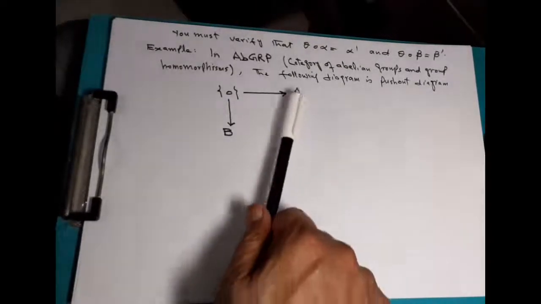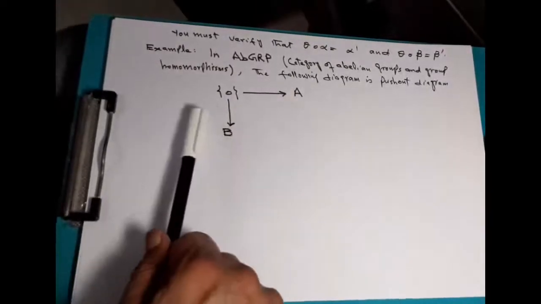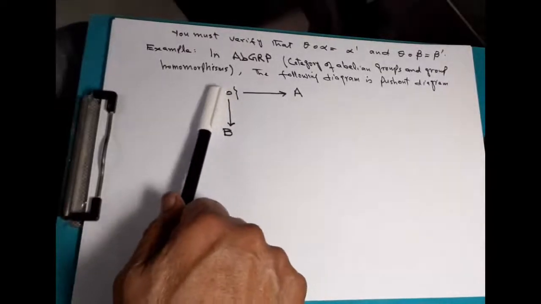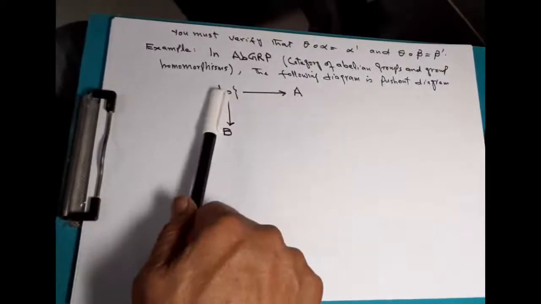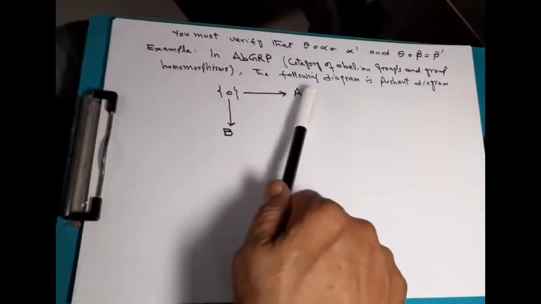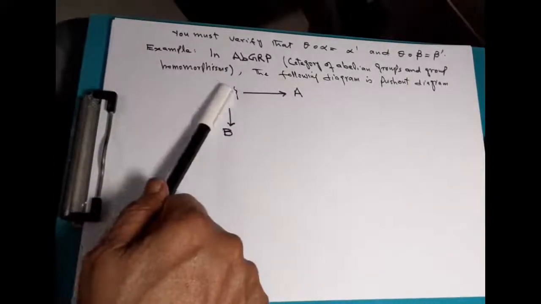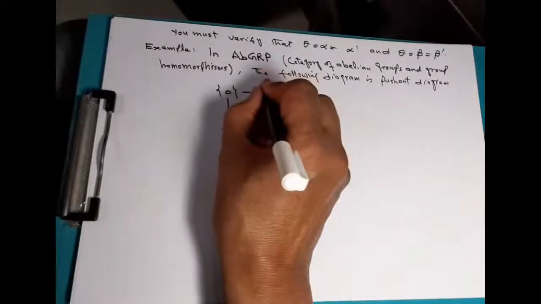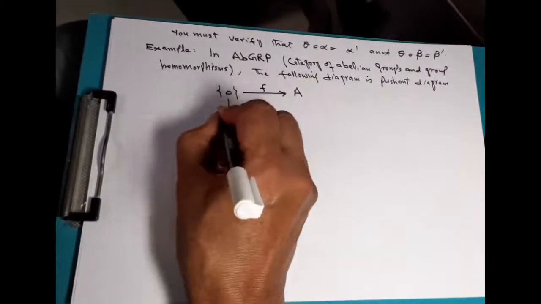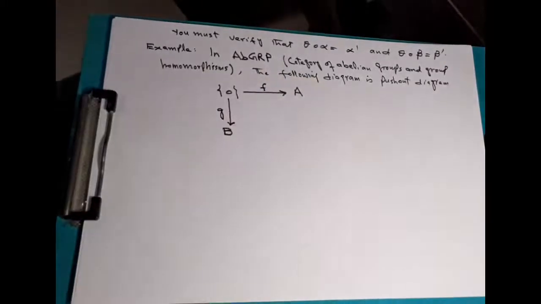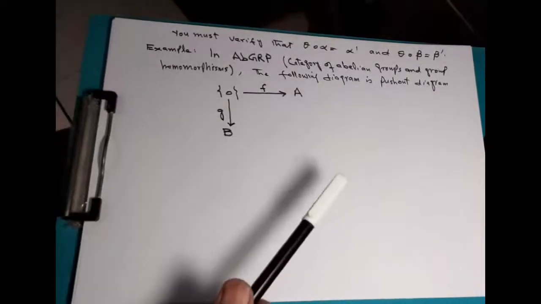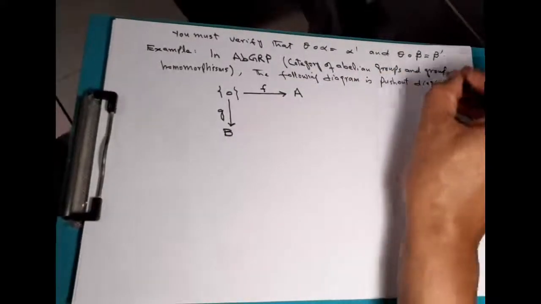So if there are two groups A and B, there is a unique map from this trivial group to A and a unique map from this trivial group to B. Let's take these maps as F and G. So we are going to have the pushout diagram of F and G.